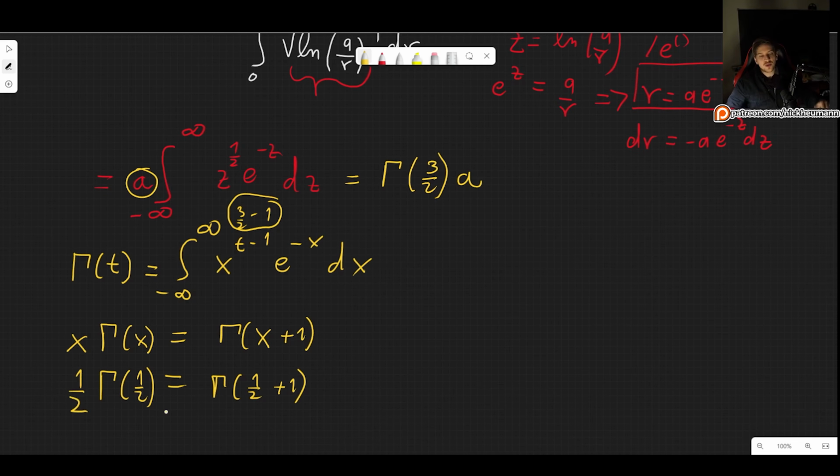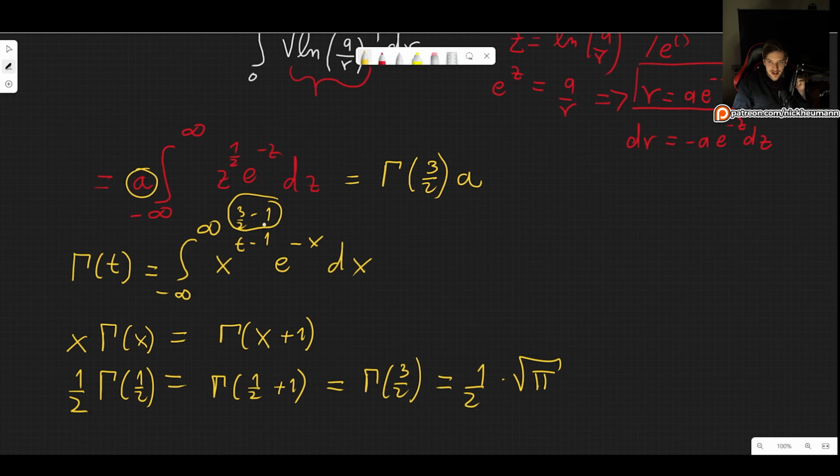This is a recursive relationship. The gamma function is an extension of the concept of the factorial, so that's why we have these similar properties. And what is the gamma function of 1/2? Well, the gamma function of 1/2 is the square root of pi. So the gamma function of 3/2 is 1/2 times the square root of pi.